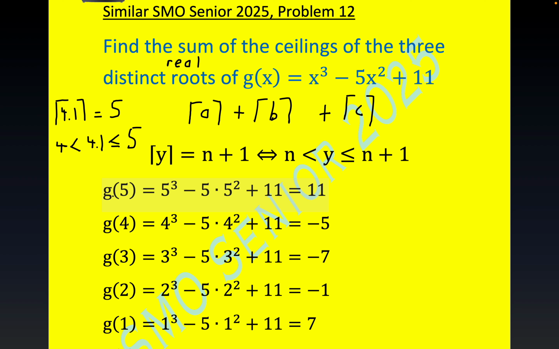But notice right here, we do have a sign change. So we know that our A is less than or equal to 5, like that.